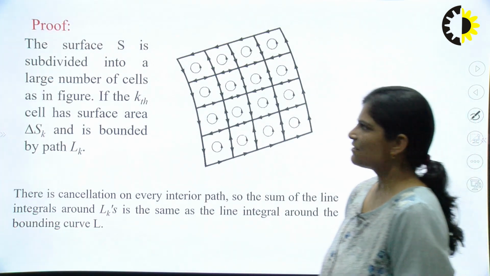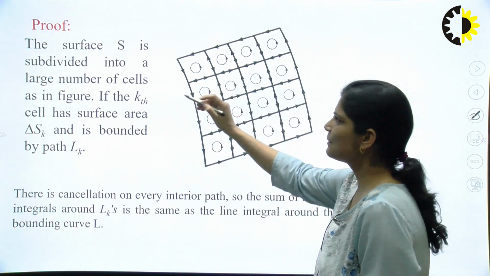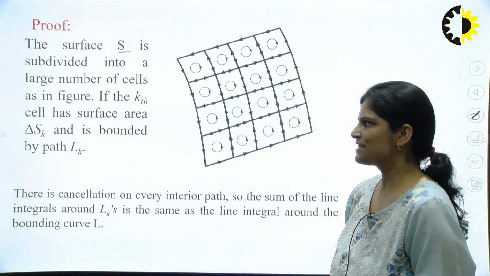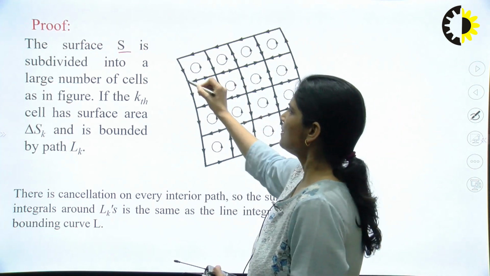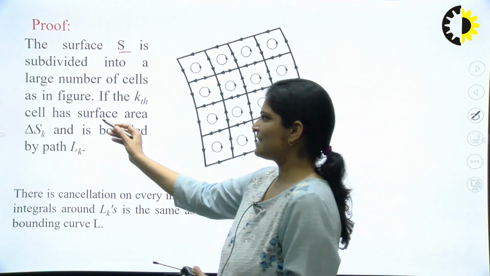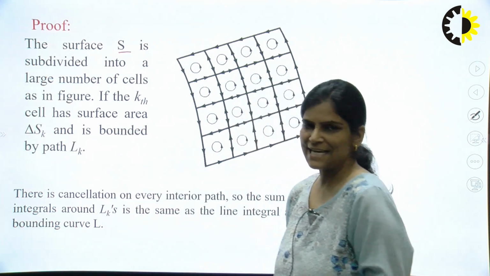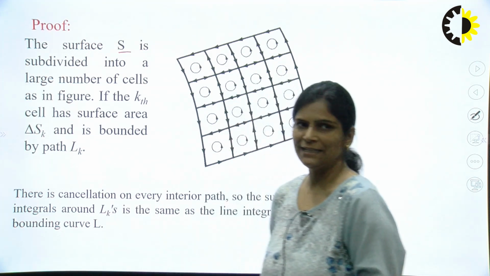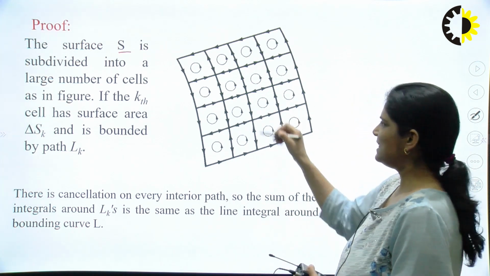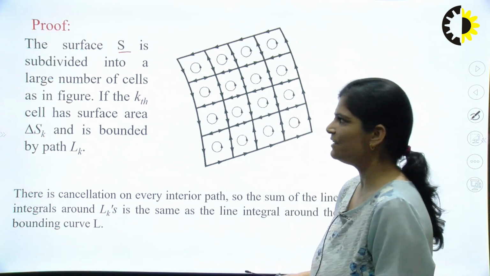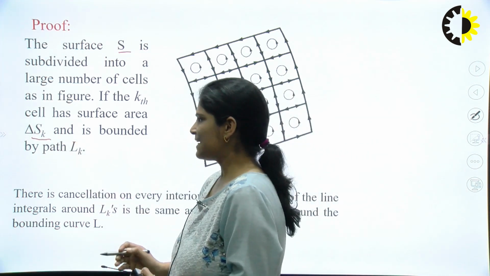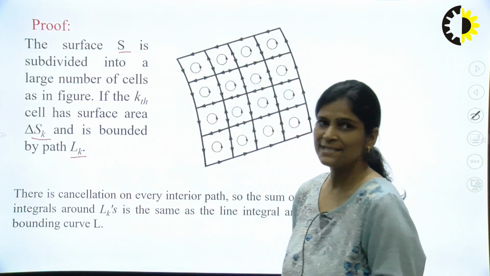Now to prove it, the surface S is subdivided into a large number of cells as shown in this figure. If the kth cell has a surface area delta Sk and is bounded by path Lk, this is ds considered in the S surface and divided into a large number of cells, represented as delta Sk with path Lk.